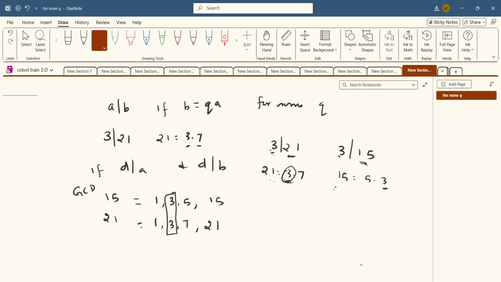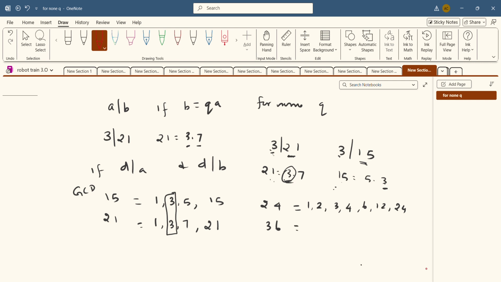Okay. So for example, suppose we have 24 and 36. Now you can find the greatest common divisor of these two. First you can write the divisors of 24: 1, 2, 3, 4, 6, 12, 24.